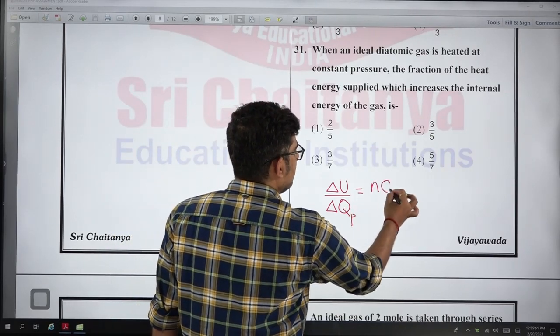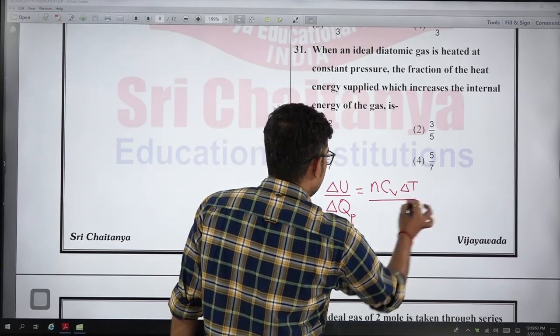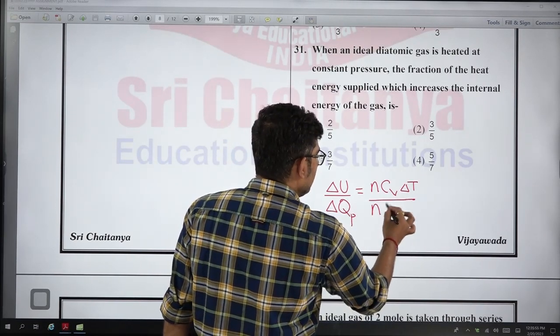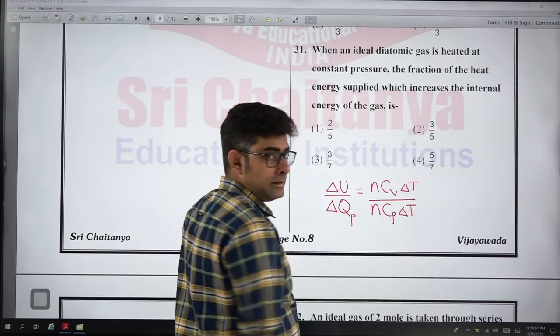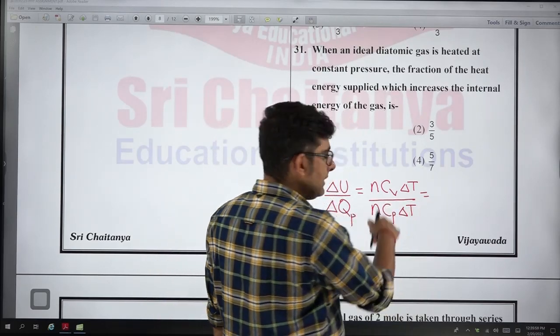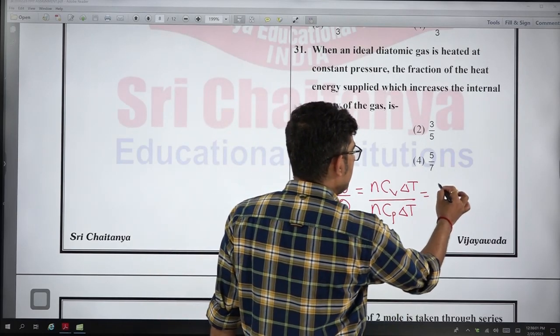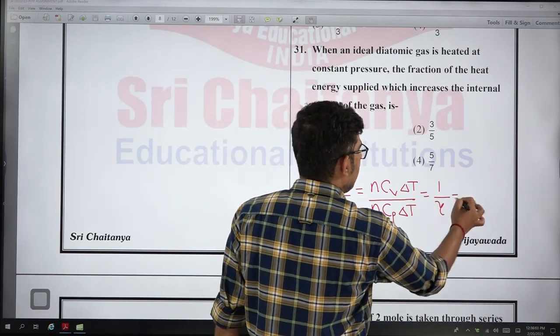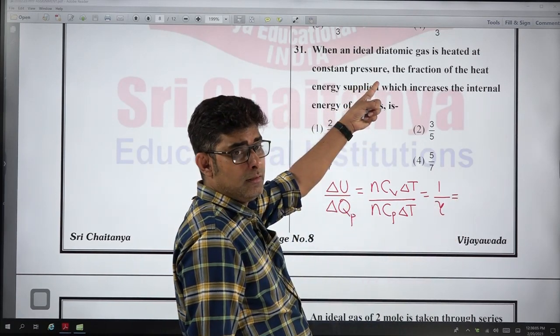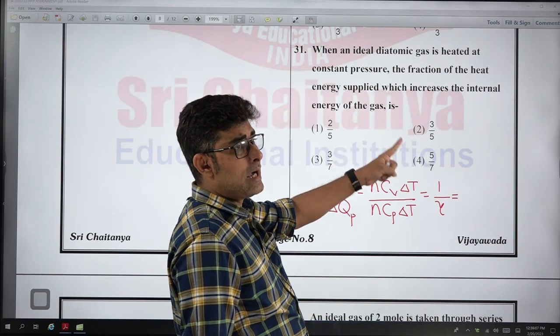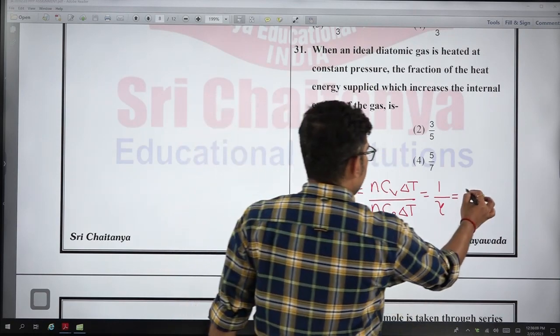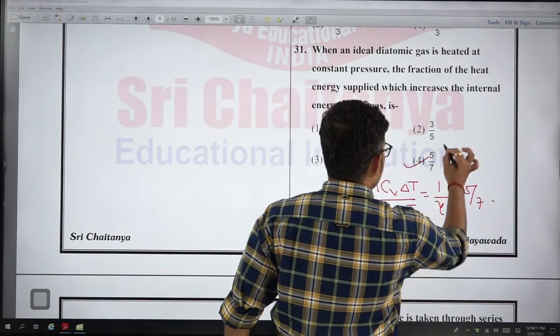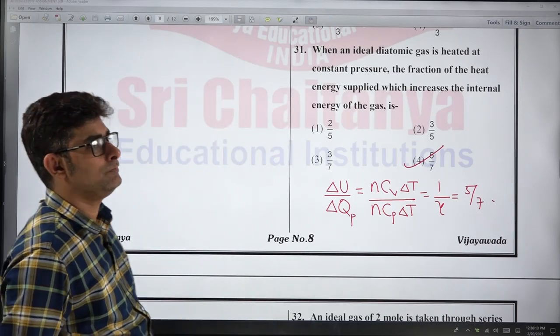Delta U formula is nCv delta T. Delta Q at constant pressure will be nCp delta T. But we know Cp by Cv is gamma. So Cv by Cp will be 1 by gamma. What type of gas is this? Diatomic. Diatomic gas gamma is 7 by 5. So this one will become how much? 5 by 7. Fourth option.